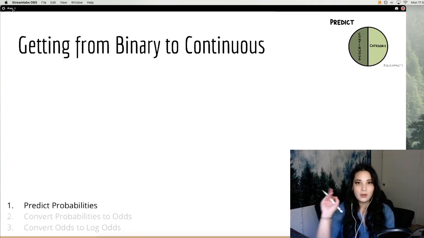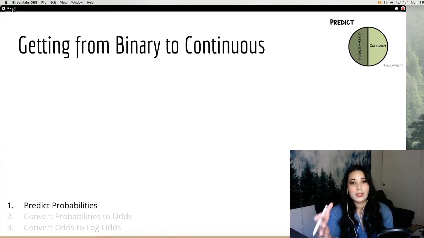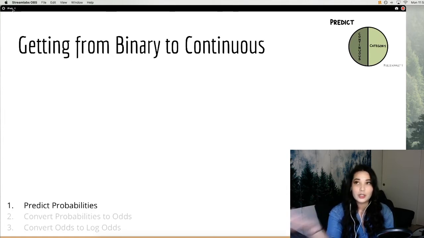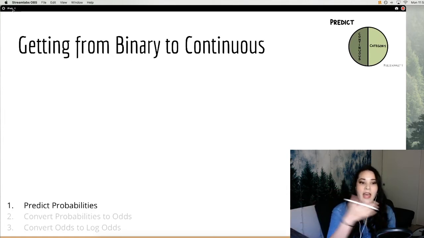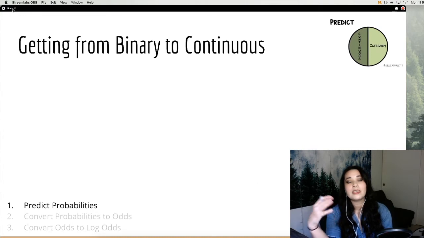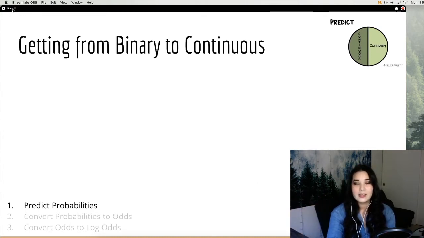Here's an outline of the steps that we're going to take, but let me take it one step at a time. The first thing that we're going to do in order to take this journey from binary to continuous is to think about our predictions in terms of the probability that someone is in a given class. For instance, in the registered to vote example, instead of just predicting 0, they're not registered, or 1, they are, we'll predict a probability that they're registered.